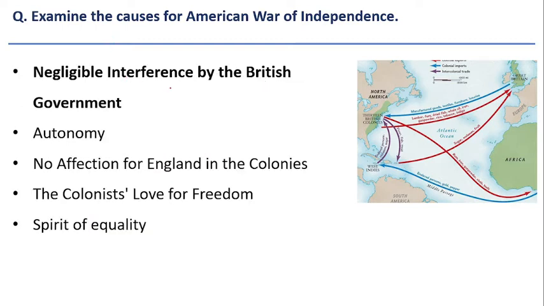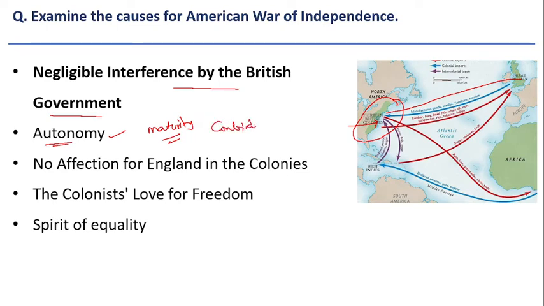The second one is negligible interference by the British government. Great Britain had the government, but these 13 colonies had a certain kind of autonomy and tried to rule for themselves. The British government was there, but local people elected their legislative assembly, and these people started ruling for themselves. They matured and gained the confidence that they could rule for themselves.